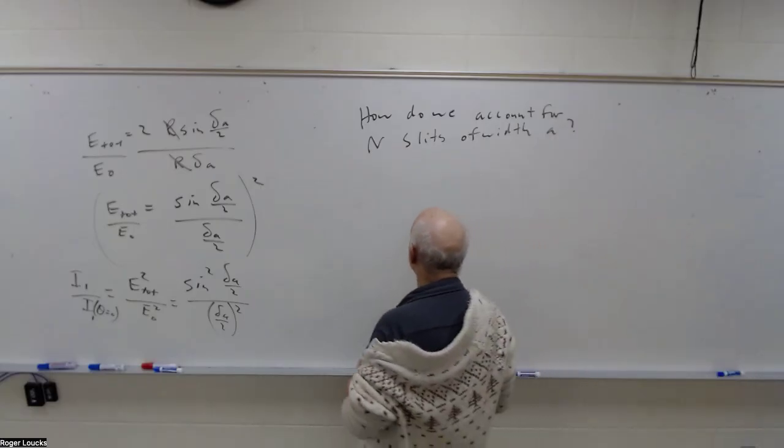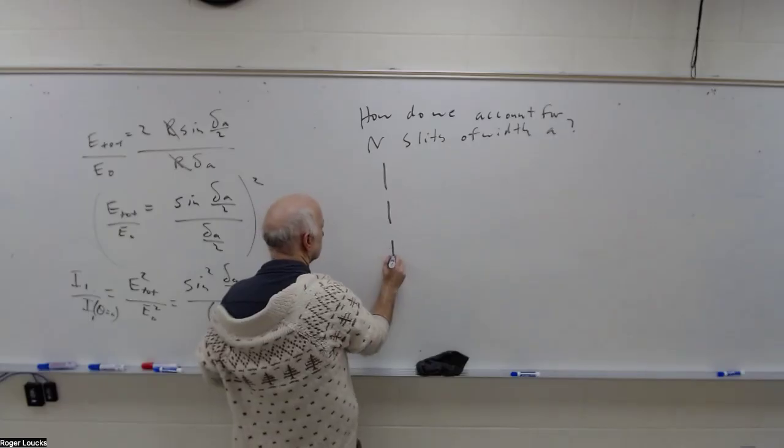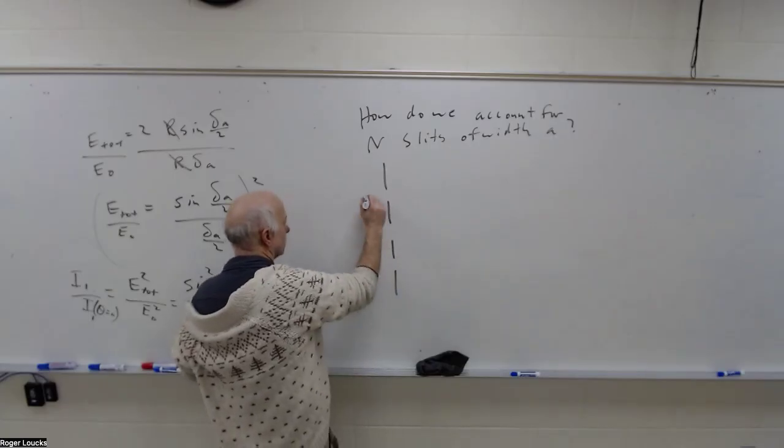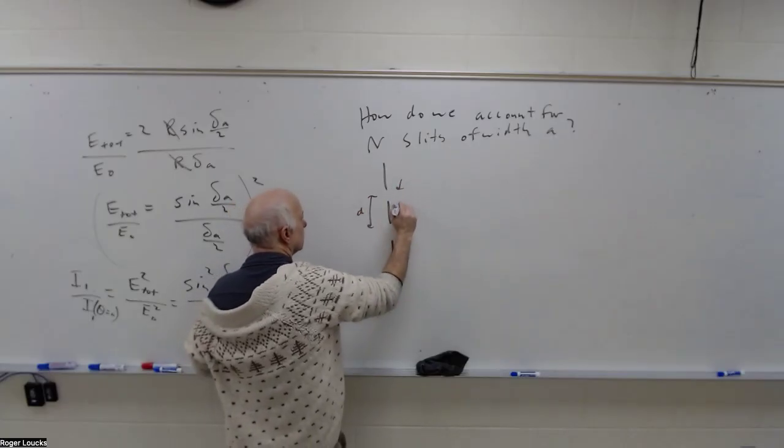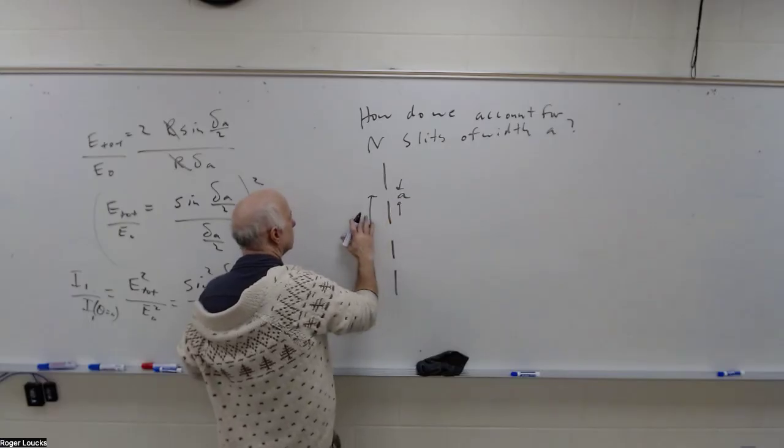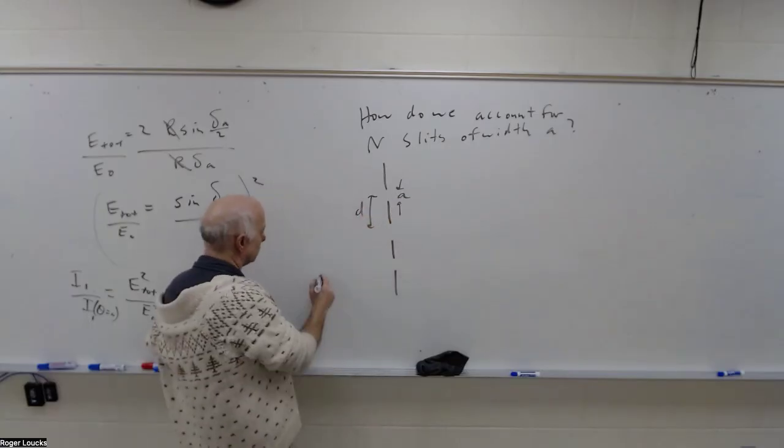So now we have N of these, so this is D. This is A. Now n slits.